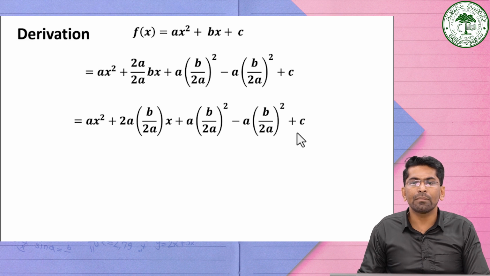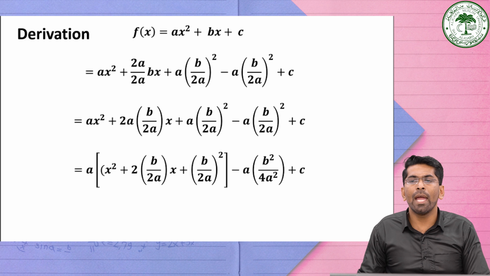Now see here, we have a as the common term. Here ax square, 2a, and here also a. So a is the common term, and I am going to take a outside the bracket. Taking a outside, what is remaining? It is x square plus 2 into b by 2a into x, plus, again taking a outside, b by 2a whole square.